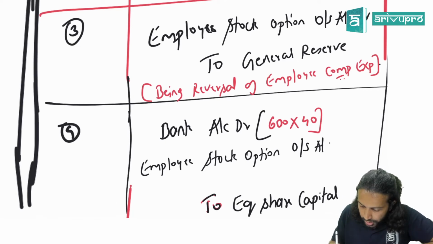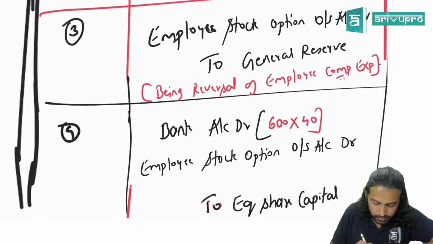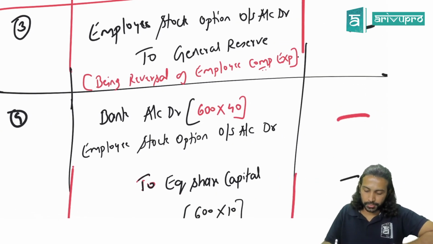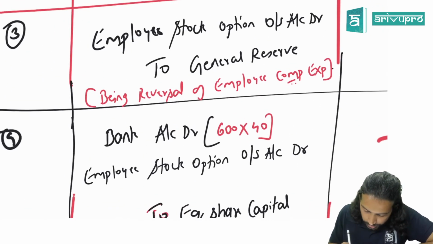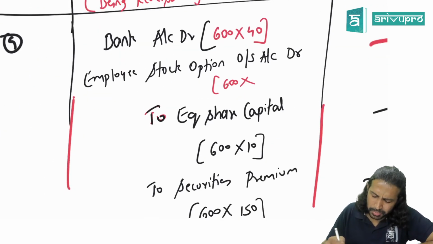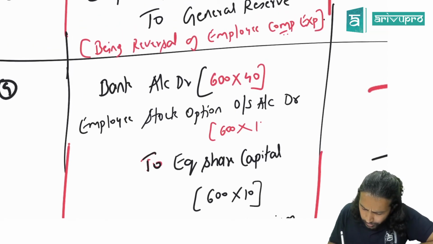Employee stock option outstanding account debit. How much? 600 into, you can write it as a balancing figure, or you can just write 120.